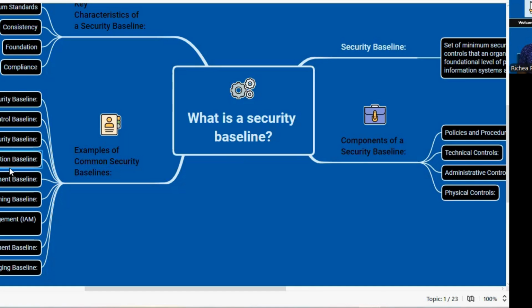Then when you think about your patch management baseline, this is where you regularly schedule updates for all software and systems in your organization, doing your vulnerability scanning and remediation, and also centralized patch management, the application of centralized patch management tools. Then your security awareness training baselines.